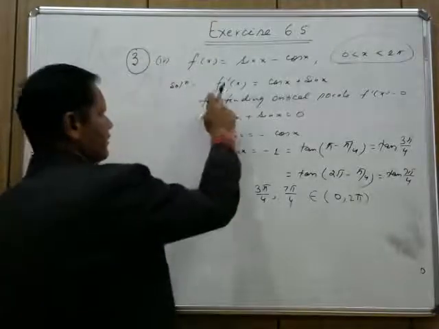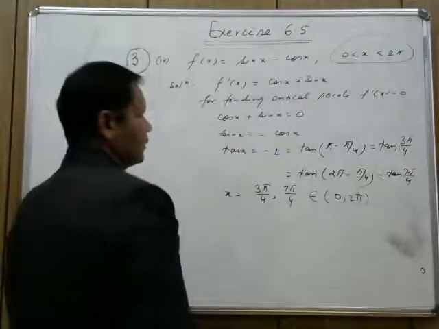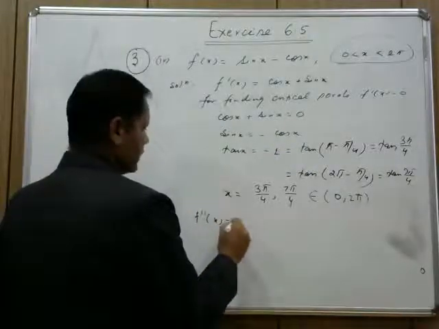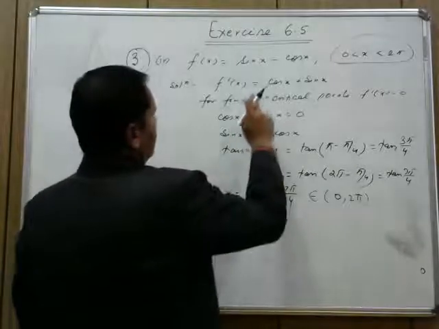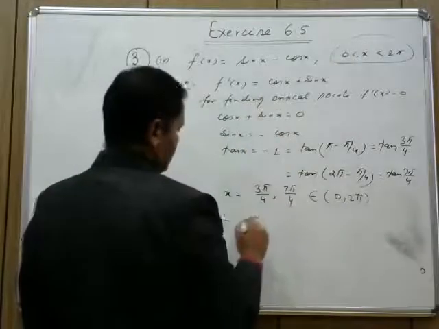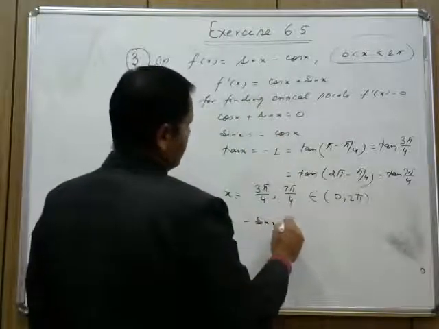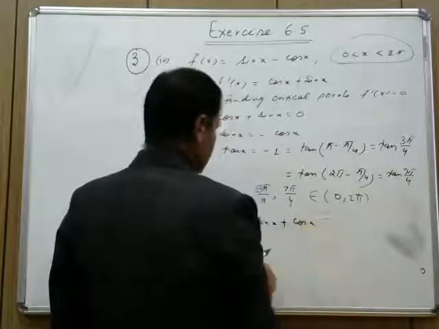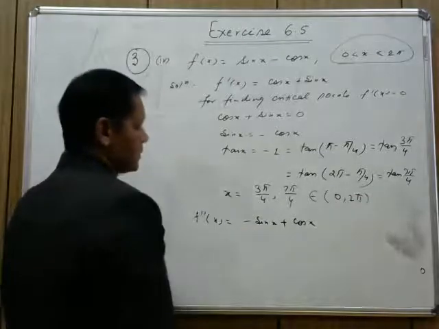So now first of all f dash of x is cos x plus sin x. Therefore f double dash of x will have cos x minus sin x plus differential of sin x will be cos x. Now we'll have minus sin x plus cos x.